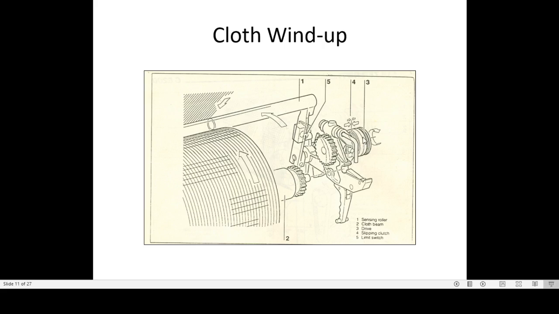The movable disc moves forward and backward. The more it moves forward, the more it touches the fixed clutch, the more drive is transferred, and the faster the cloth roller will move. So to control the speed of the cloth roller, this clutch system is there.